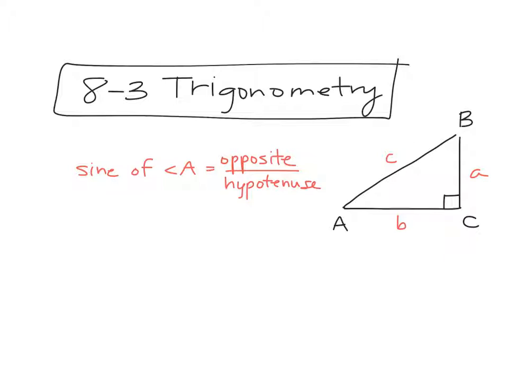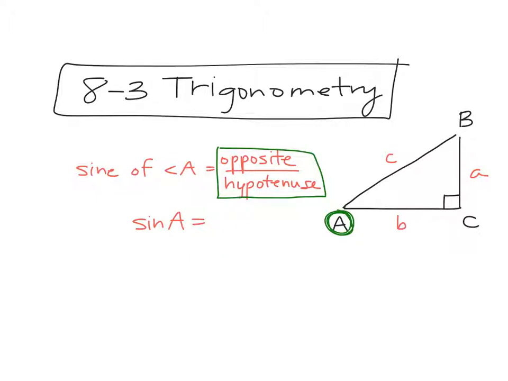The shorthand version of this with the letters we're using is we would say sine A. And the trick to this is you always start at the angle we're talking about. So what angle are we talking about right now? A, right? If I'm saying sine A, I'm talking about angle A. So I'm going to start at angle A every single time if it says sine A or cosine A or tan A. So if I'm saying sine A is opposite over hypotenuse, I'm starting at A, and I'm going to do my opposite side from A.